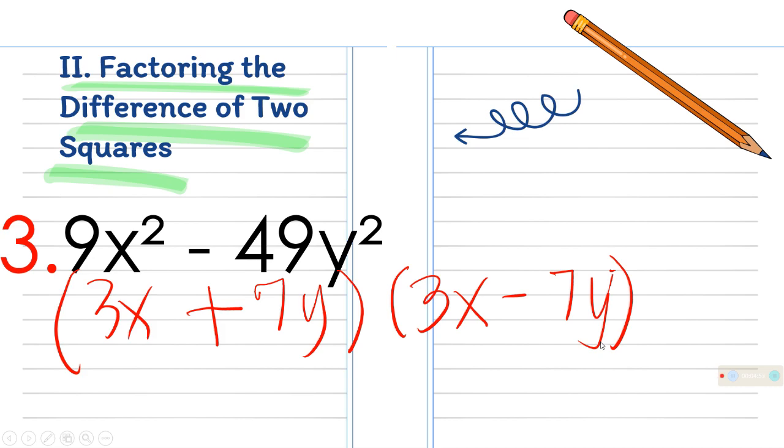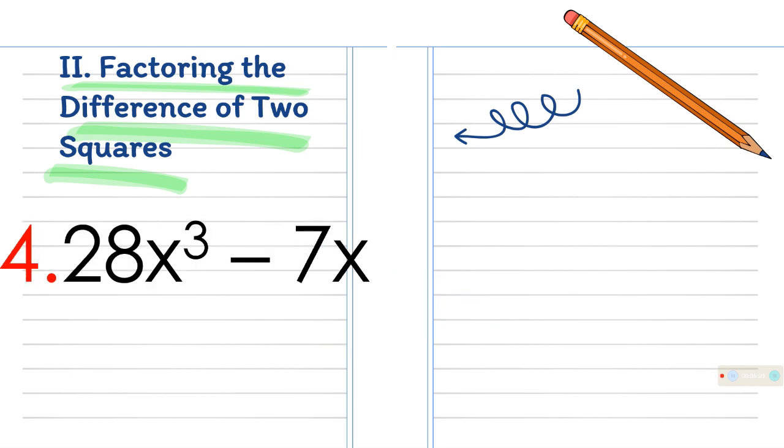Okay, so let's proceed with the last example. We have 28x cubed minus 7x. Oh, it seems that the first term is not a perfect square, and also the second term.